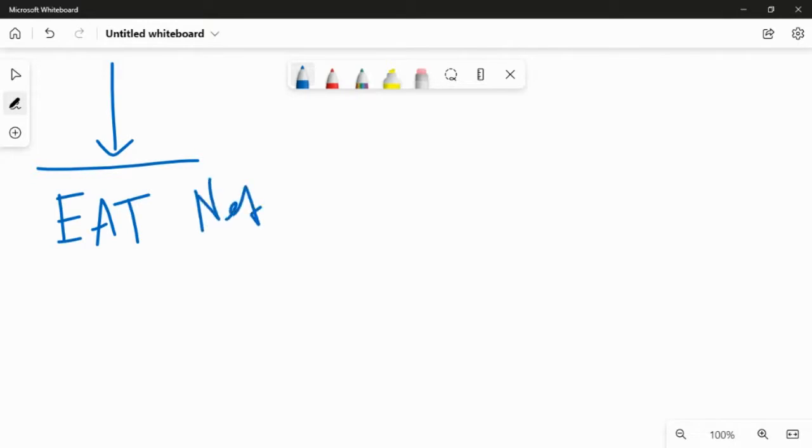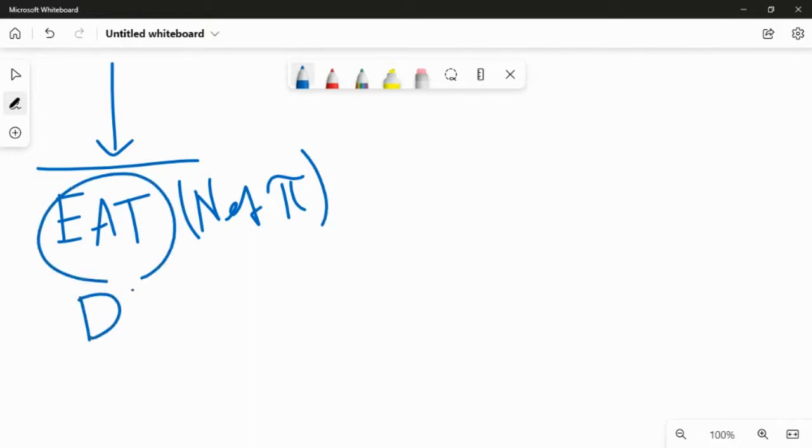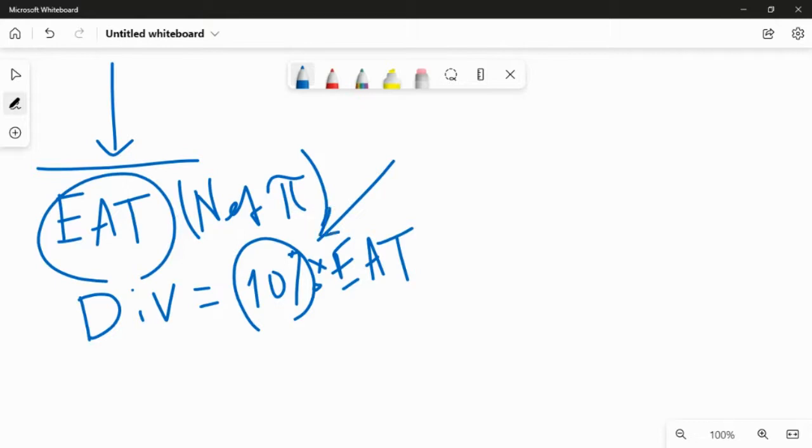And some percentage of this will be dividend. Let's say it is 10% of EAT. I told you this is called the dividend payout ratio.